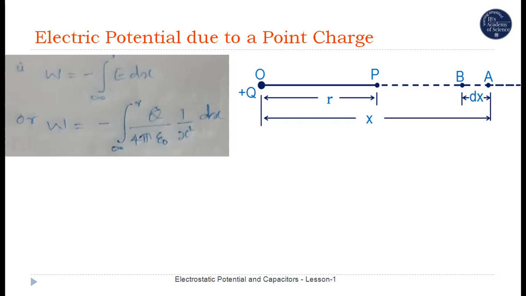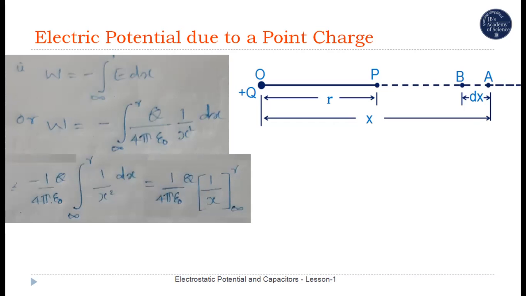Here q by 4 pi epsilon 0 is a constant, so we can take it outside the integral. So this is equal to minus 1 by 4 pi epsilon 0 q integral from infinity to r of 1 by x square dx. The integral of 1 by x square is minus 1 by x. So minus and minus becomes plus: 1 by 4 pi epsilon 0 q into 1 by x within the limits infinity to r.